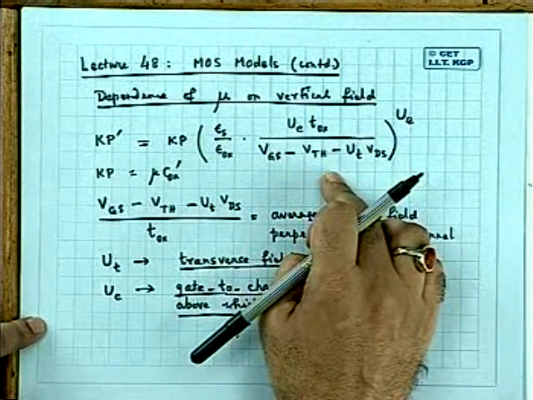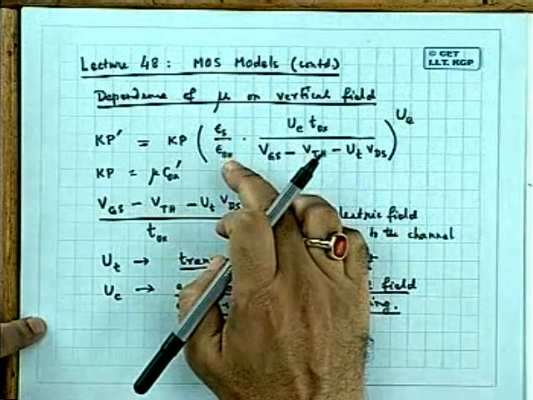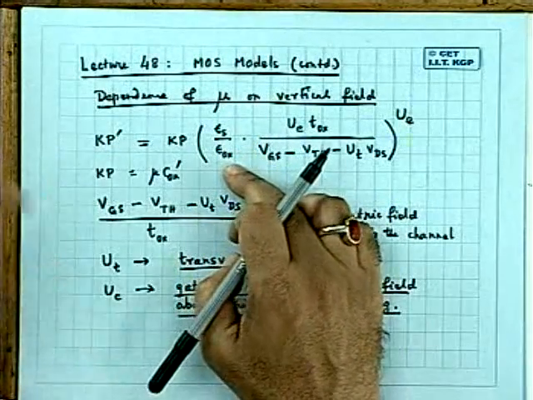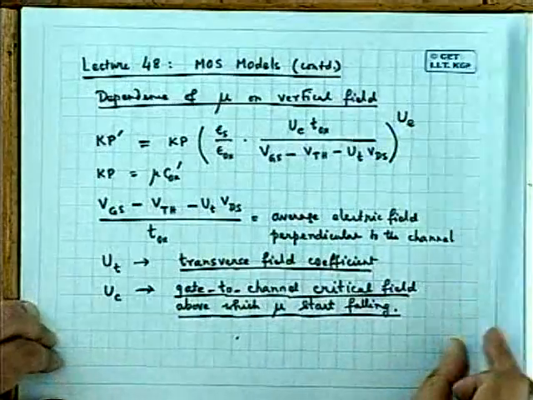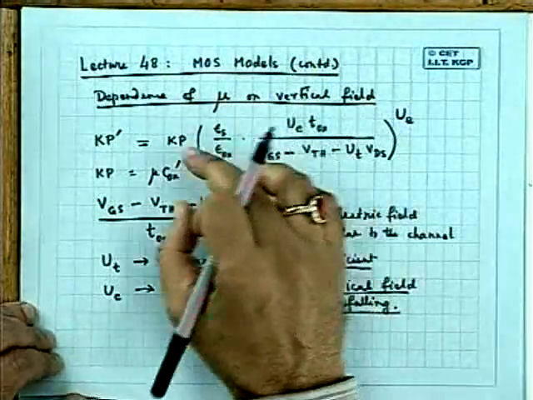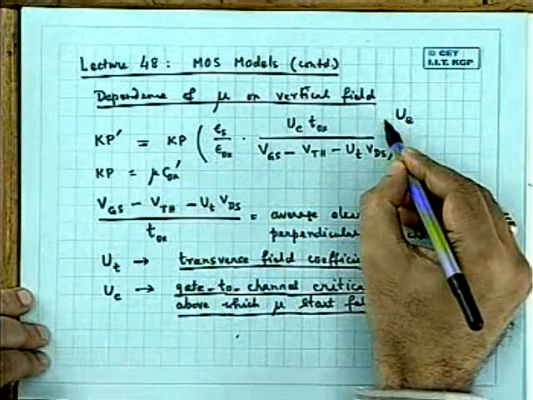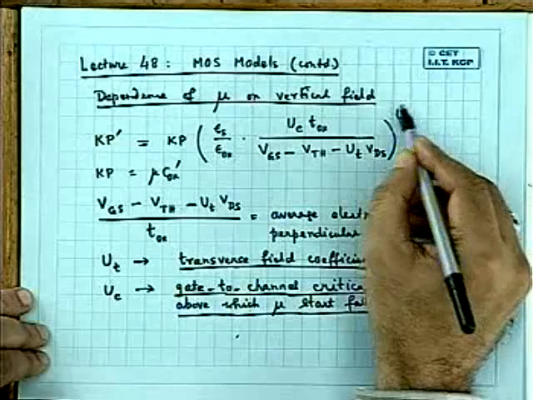And this epsilon s divided by epsilon ox term has come because of the effective dielectric constant. This is again a semi-empirical derivation. But then, what should be the power, the exponent here?